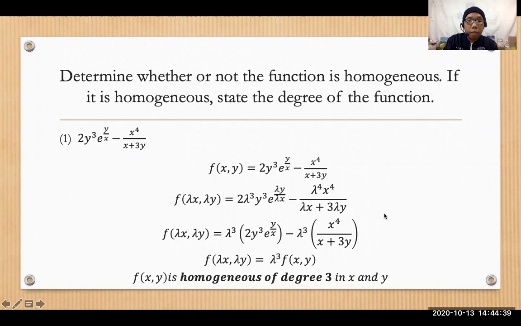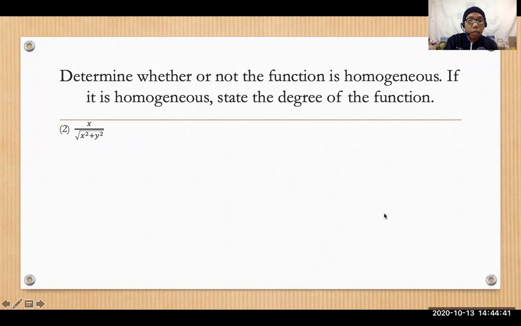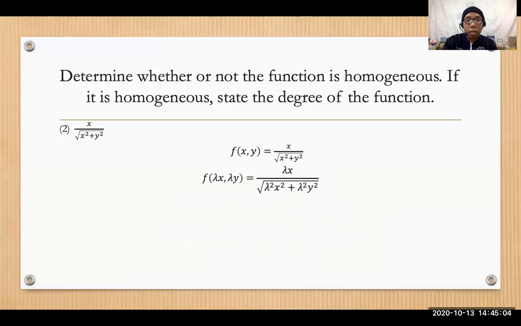Now let's examine the last example, which is x over the square root of x squared plus y squared. As you can see, we don't know yet if this is a homogeneous function. So we will apply the formal definition of homogeneity of a function. We are going to replace x by lambda x and y by lambda y.